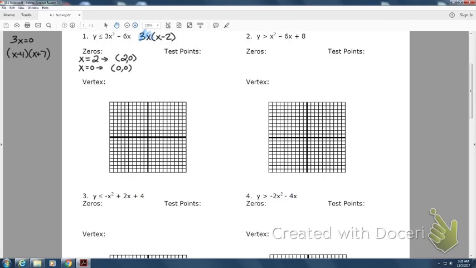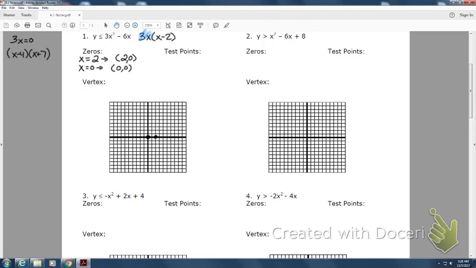Whenever you have a factor that is not in a set of parentheses, the thing that looks like we would probably distribute it, that means one x-intercept is 0. Because you're always going to set it equal to 0, and then 0 divided by it, it doesn't matter, is always going to be 0. So anytime you have something like that, it's 0. So I've got those two x-intercepts, one at 2 and one at 0.